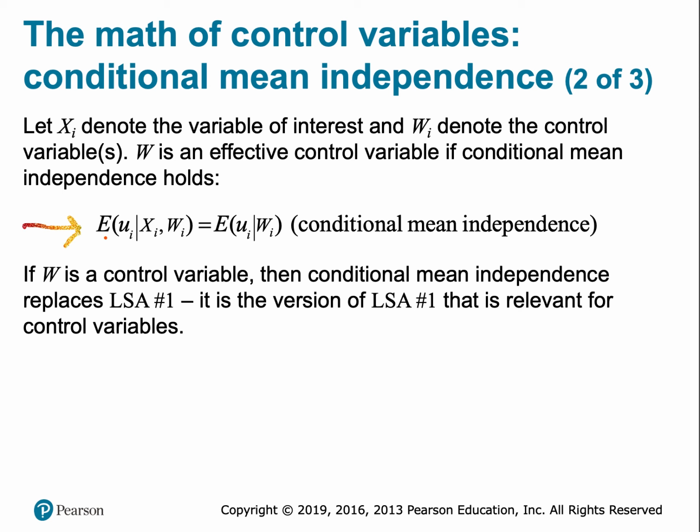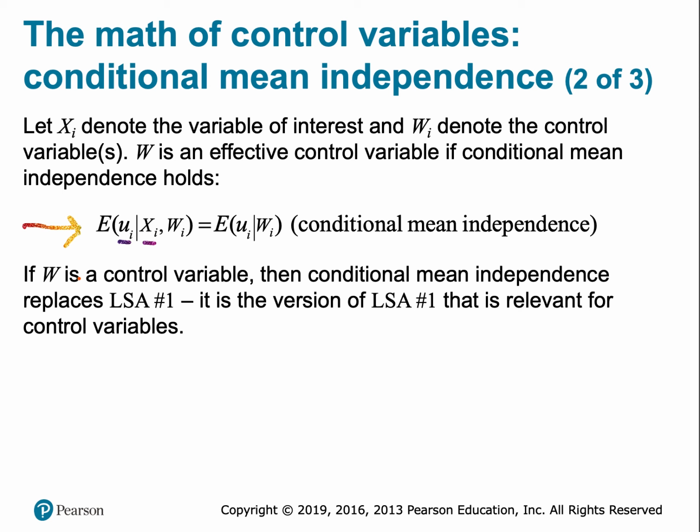The expected value of the OLS residual given xi and wi is equal to the expected value of the OLS residual given wi. Thus, we are showing here, using math, that the OLS residual, ui, does not depend on xi, it only depends on wi.